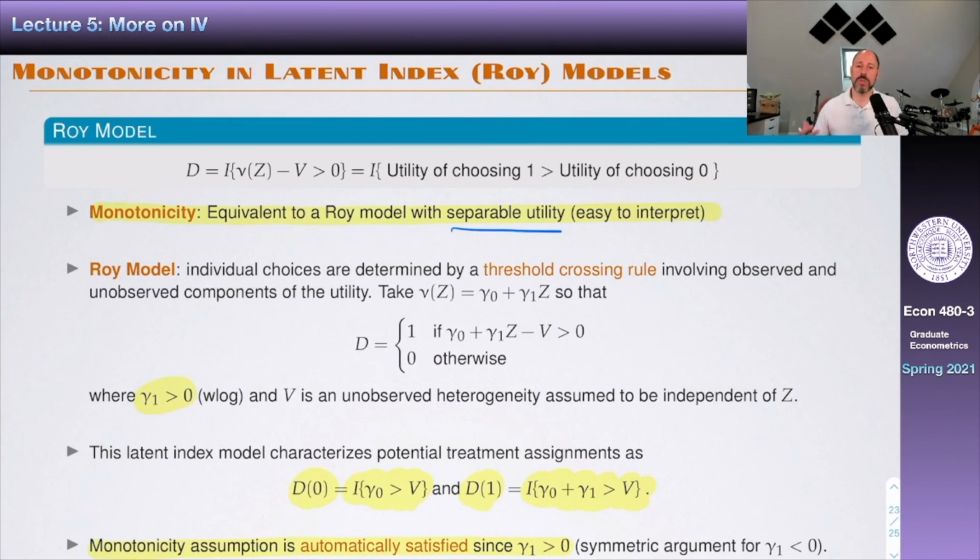I just want you to be aware that sometimes assumptions like monotonicity may be easier to interpret in models that have a latent index. If you're working with a type of Roy model and you see no connection with parameters like the LATE parameter, well, the connection is there. You just need to read the relevant papers to learn how these connections happen.